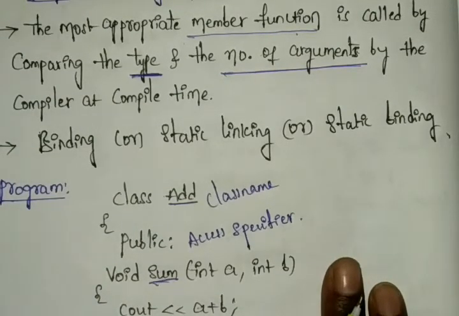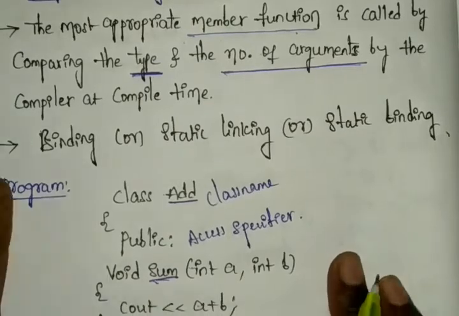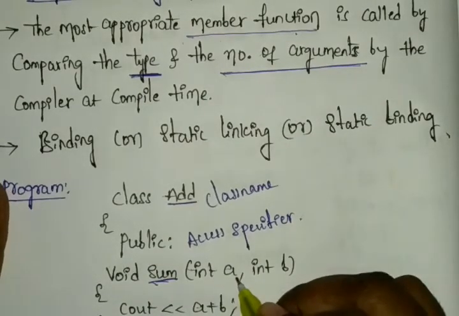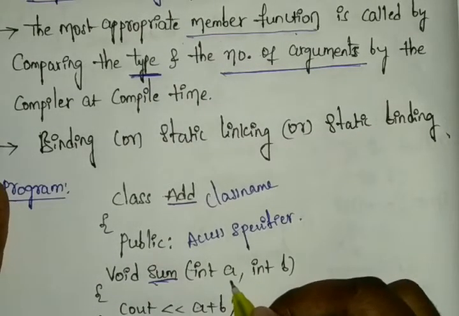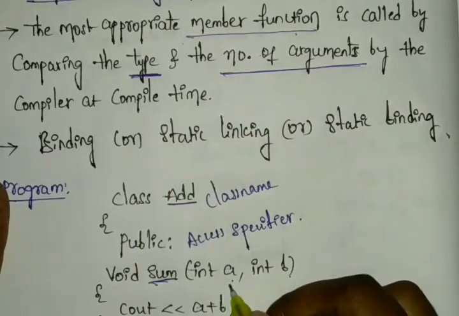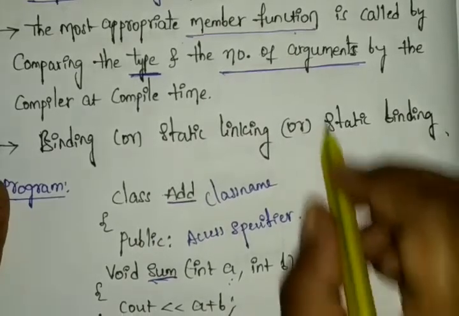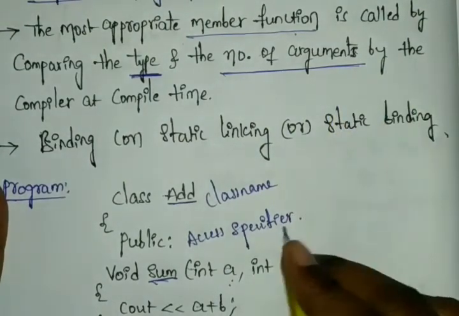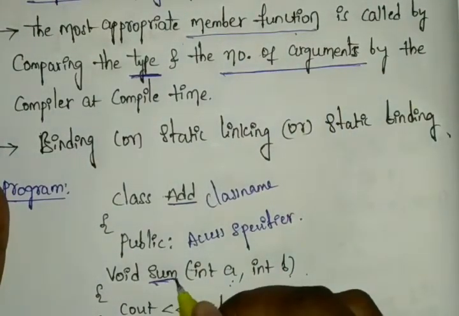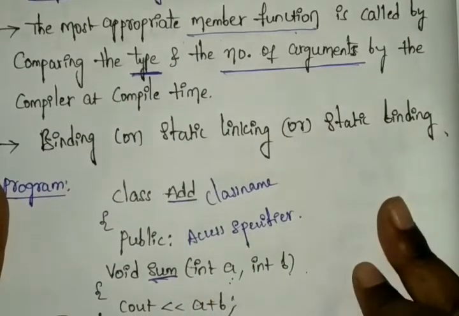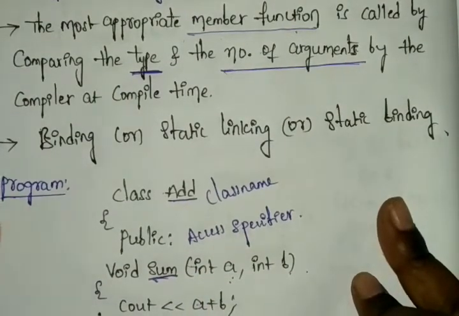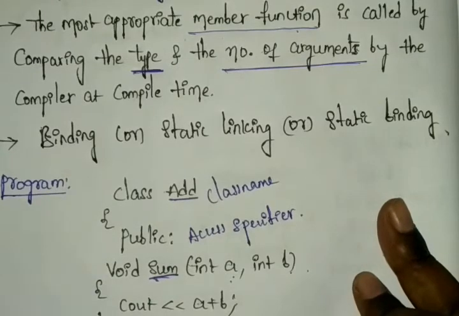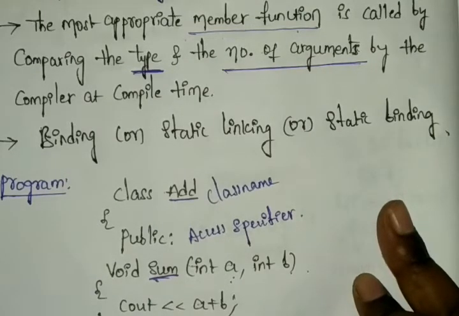You can see we passed some parameters, or arguments, a and b. You can check the number of arguments, how many we are passing, by this. Sum is the function name, and here we need to use the addition operator.